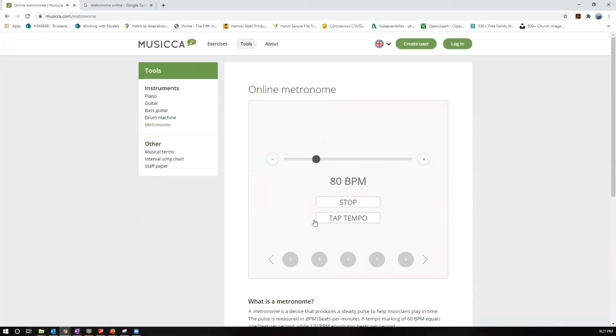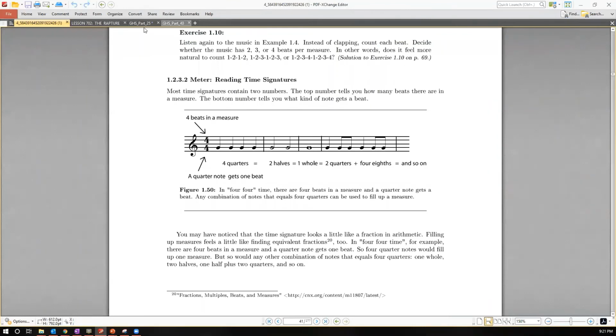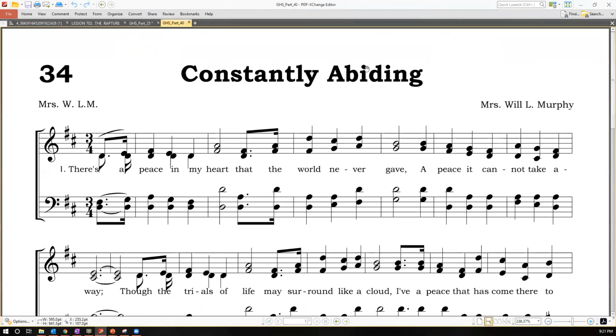If I have a sheet music, say for example, I have the GHS 34 "Constantly Abiding." It's a 3/4 signature, so that means it's three crotchet beats in a bar.